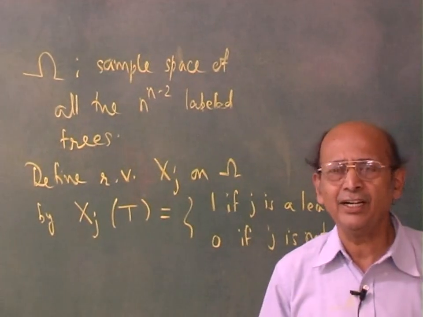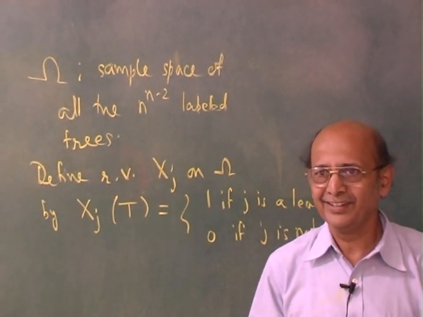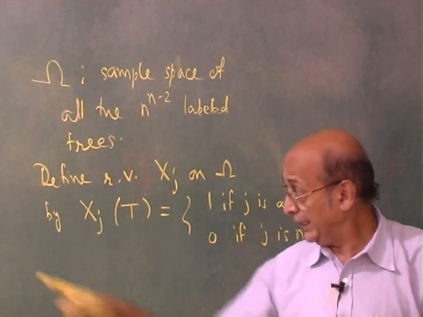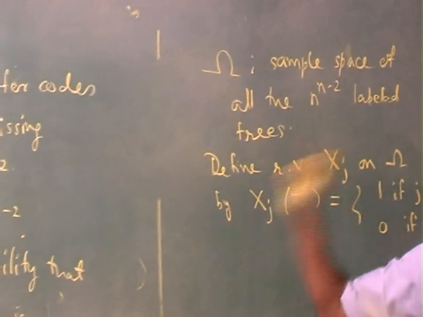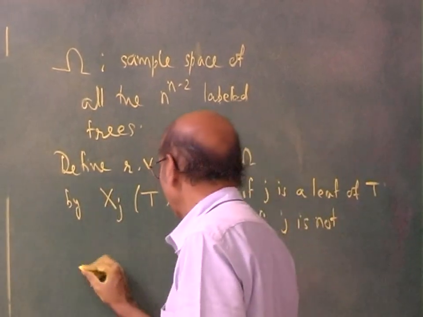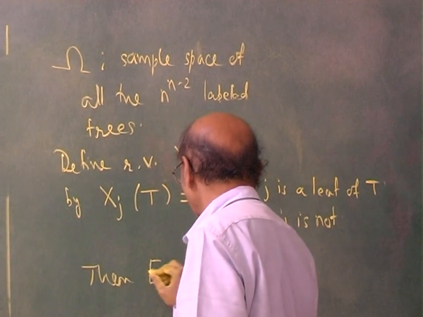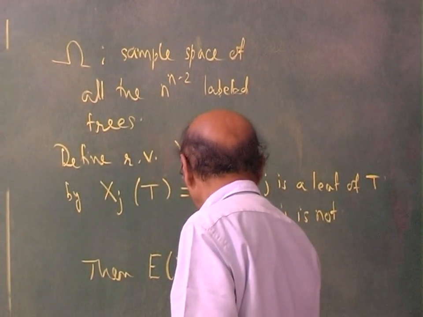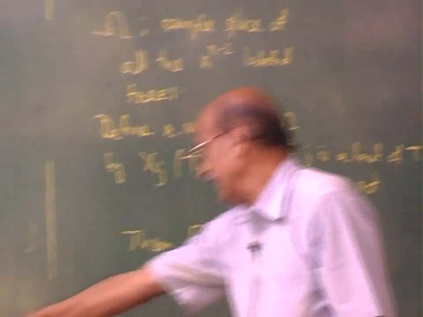These are called indicator random variables. Then equivalently what we are saying is the expectation, the mean of this random variable, is given by this.